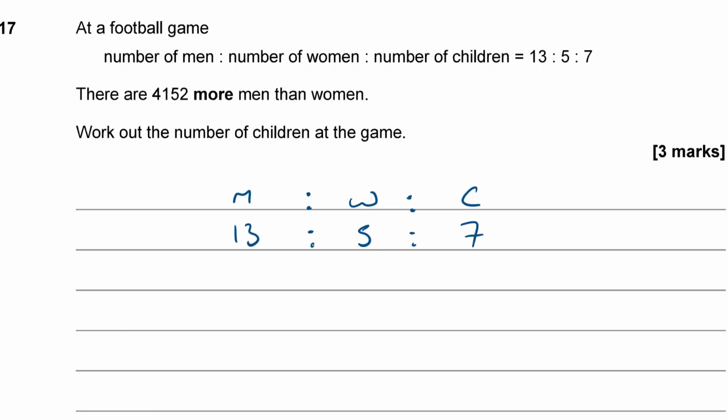And I'm told there are 4,152 more men than women. So if I let the number of women be x, then the number of men is going to be x plus 4,152.